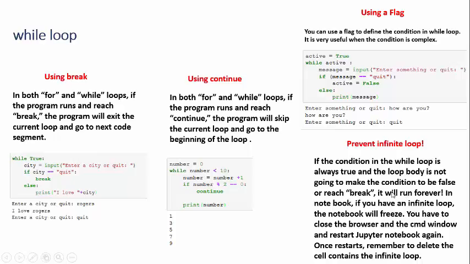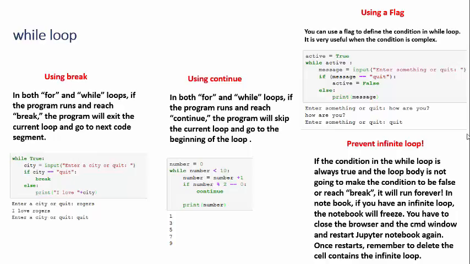Then it will run forever. That is dangerous: your computer runs a loop forever. In the Jupyter notebook, if you have an infinite loop, the notebook will freeze, because the computer allocates all the resources to that particular segment since it's running all the time.